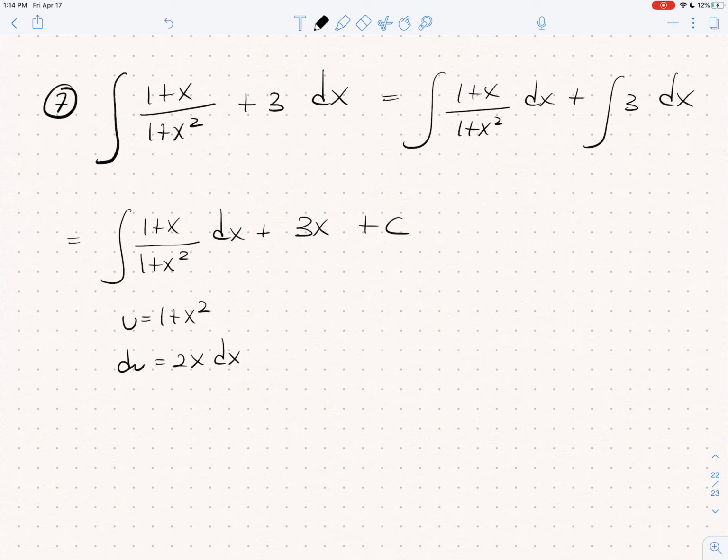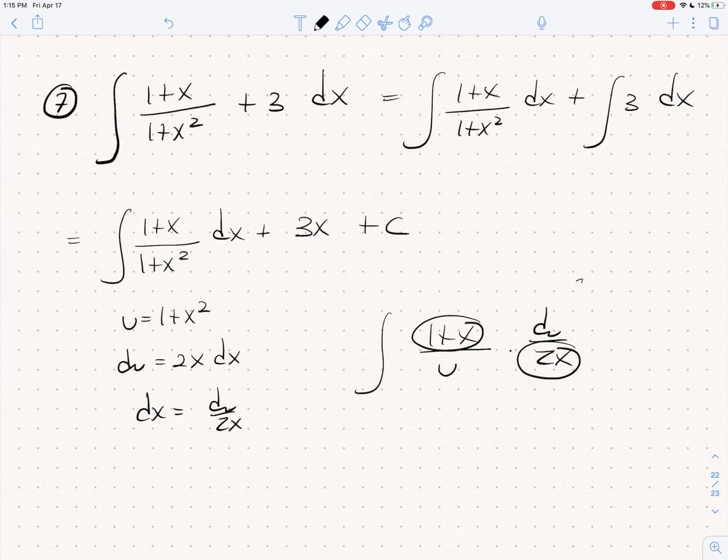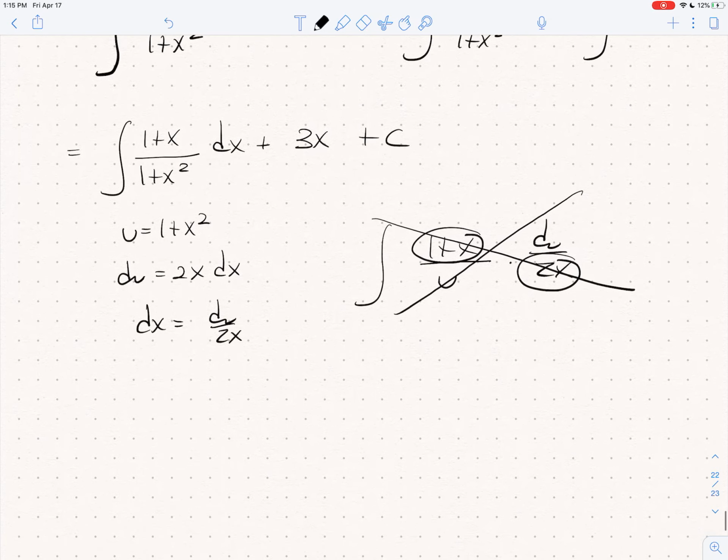And try as you may, you don't have that. So when you try and simplify this, dx is du over 2x. You're going to get (1 + x) over u times du over 2x, and that part doesn't cancel. So this particular choice of u doesn't work.